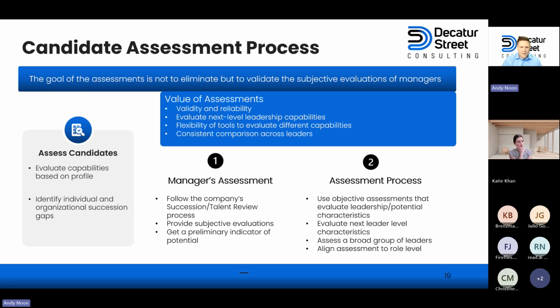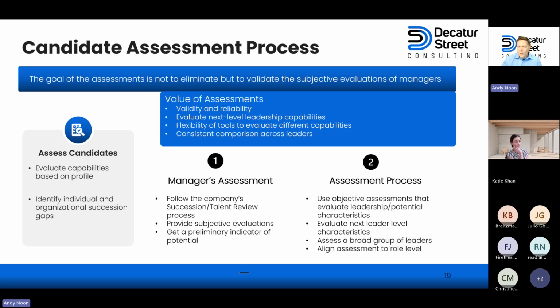Whatever the company has built from a succession or talent review provides certainly subjective evaluations, but I've found that over time, if you do this over multiple years, managers start to get it and they start to understand, and especially if you have good HR teams who are able to push them to think about leadership in a different way, it starts to become relatively accurate. And then it becomes your primary indicator of potential. Well, then you can bring the assessment process in.